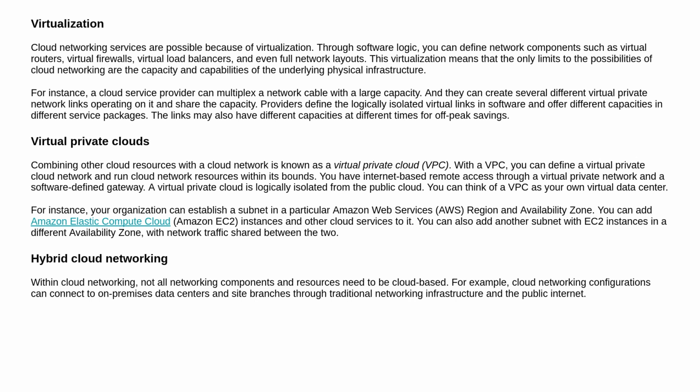For instance, our organization can establish a subnet in a particular AWS region and availability zone. We can add an EC2 instance and other cloud services. We can also add another subnet with EC2 in a different availability zone, with network traffic shared between the two.